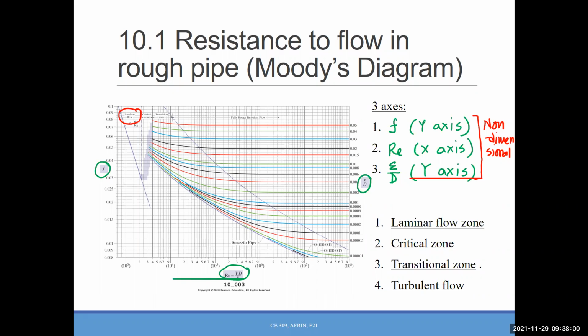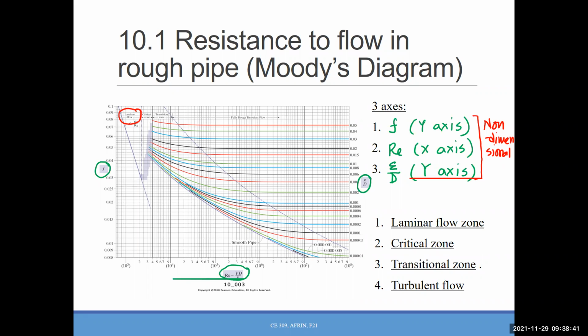Just make sure that you can read the numbers and the text because we have to use this chart. And can you see on top of that chart, you have the epsilon for all the usual pipe materials and everything. So we need to use that one also.